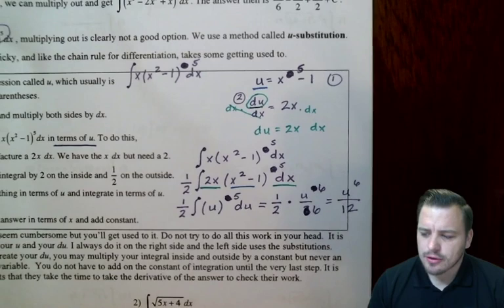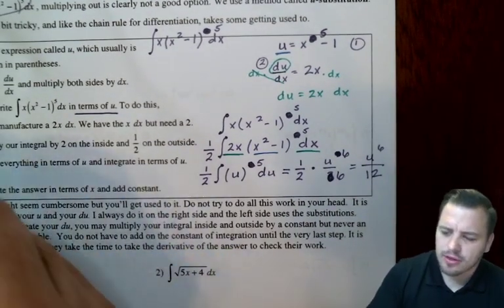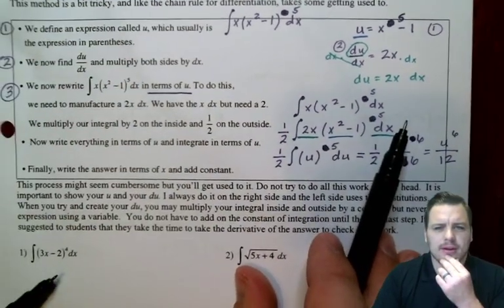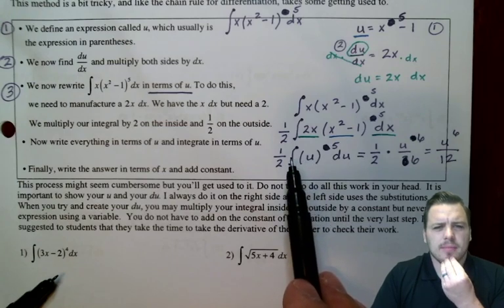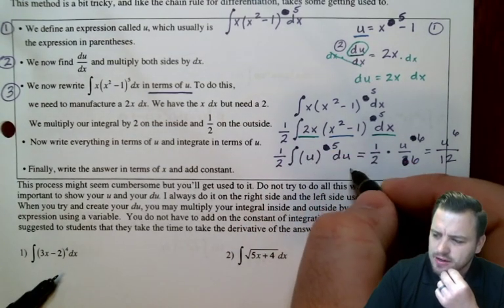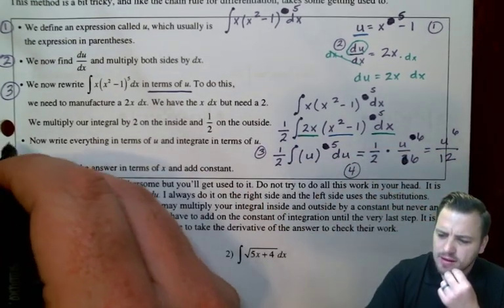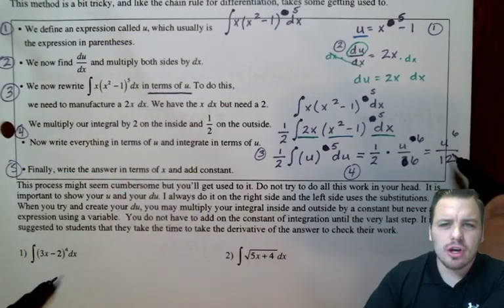And then your last step. Our third step was rewriting it in terms of u, which is right here. And then the 4th step was here, doing the integral. So that's the 3rd step, the 4th step, and then the fifth step would be to plug u back in.